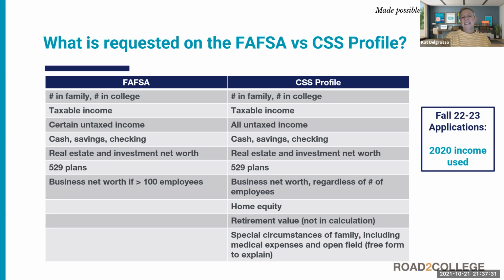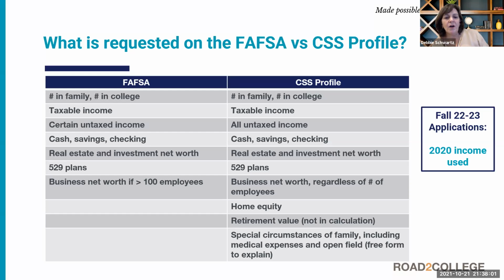And then some people put 0, some people left it blank. If you leave it blank, they're still going to look at your calculated amount anyway. So between that and the retirement value, I wouldn't really panic about those questions because they are not in the calculation, and I believe they're both still optional fields.